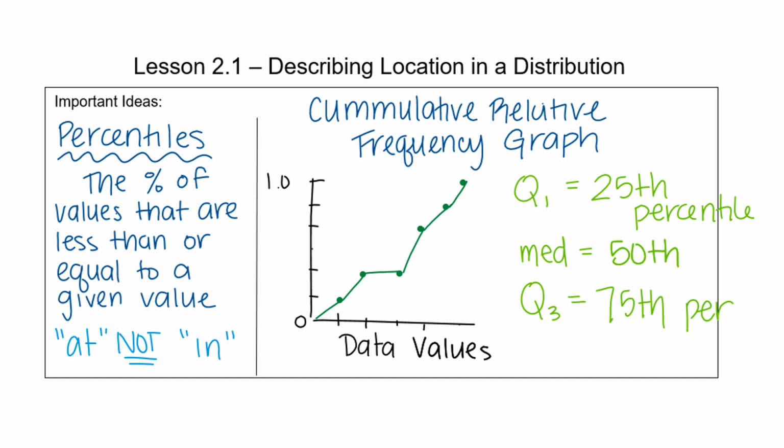Remember that for a cumulative relative frequency graph, they have a bunch of single dots, and then they connect those dots in each segment. So different slopes of lines represent different amounts of data points. The steeper the slope of the line, the more data points that fall in that interval.